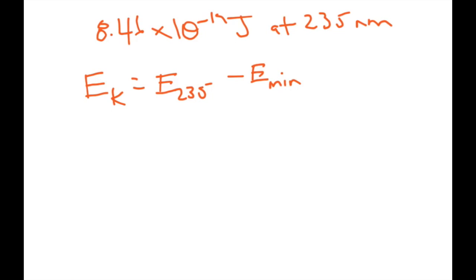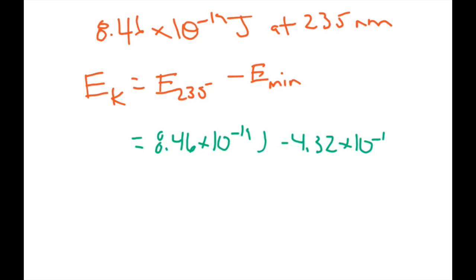So plugging in, we will get 8.46 times 10 to the negative 19th joules minus the minimum energy, which is given in the problem, 4.32 times 10 to the negative 19th joules.